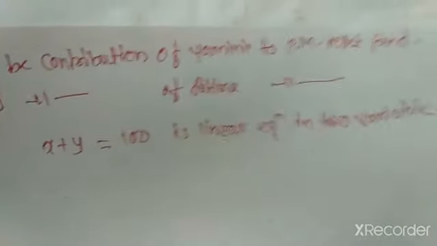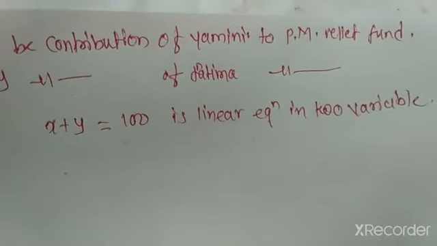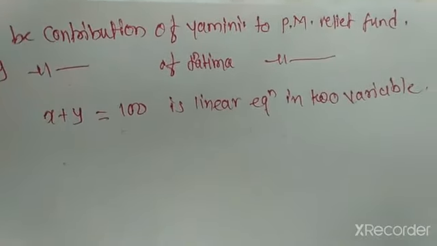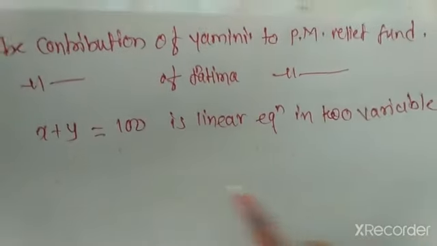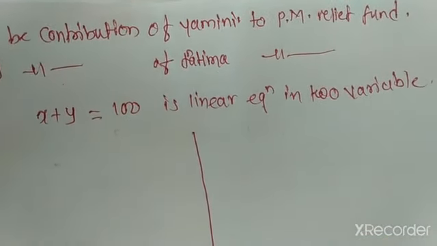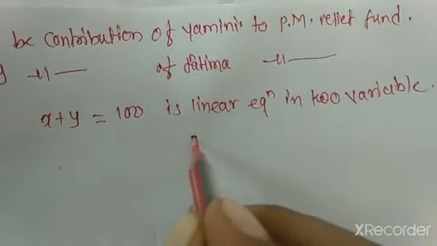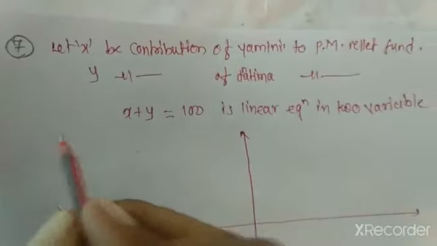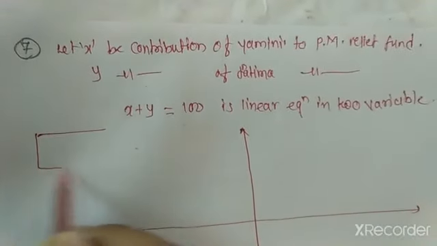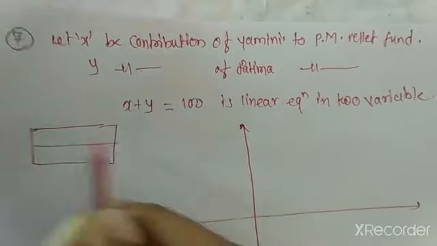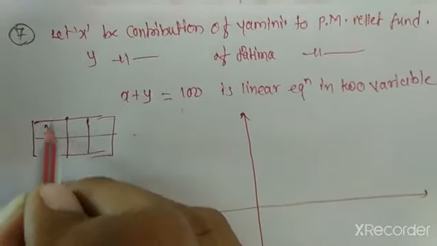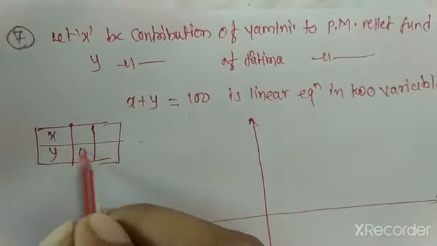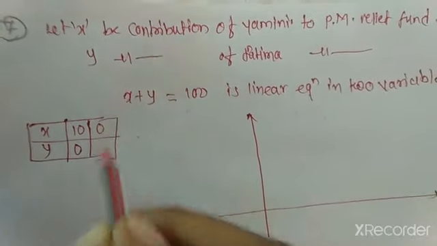After that you have to draw a graph of the same. For this you may take the x-axis and y-axis. For x plus y is equal to 100, when we find the x intercept and y intercept, it will be in the form x, y. For y is 0, x is 10, and for x is 0, y is 10.